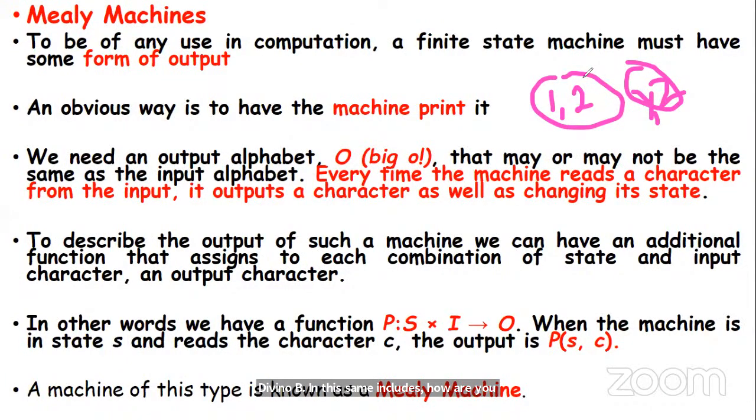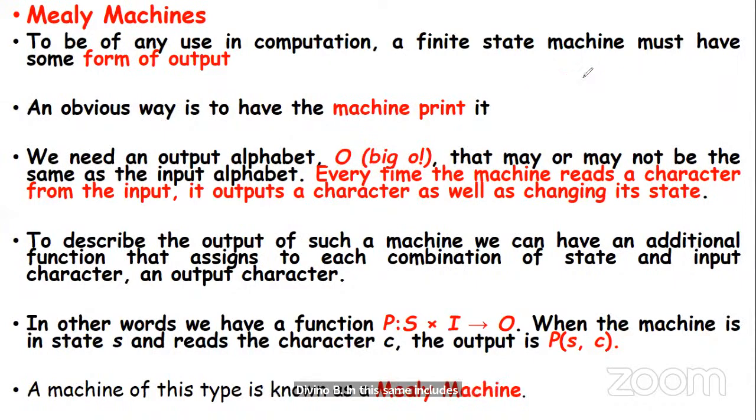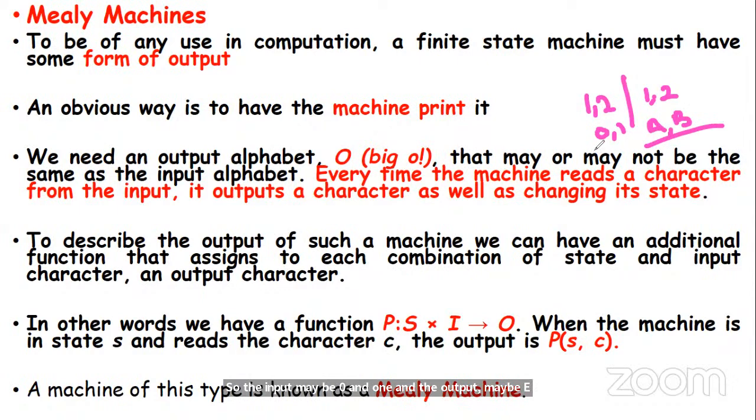So take note of that, so that when you get to a more complex machine, you will know that you don't have to have input 1, 2 and output 1, 2 again. The input may be 0 and 1, and the output may be A and B, in this range of alphabets.